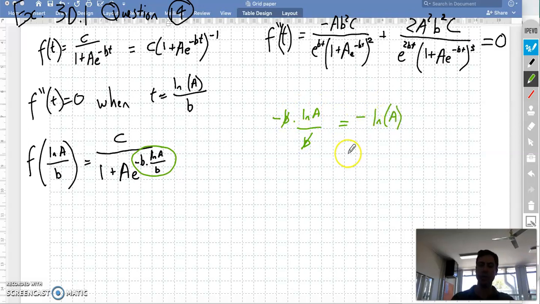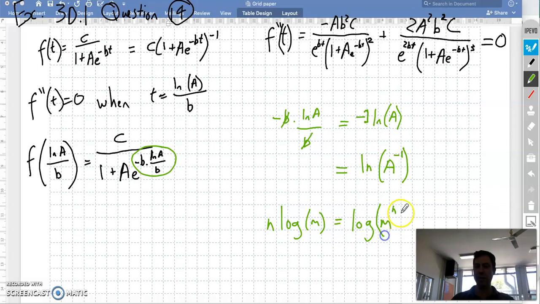And using one of my log laws, I know that minus 1, or minus whatever number's out in front of the log, times the log is the same as log of A to the power of minus 1. Right? This is the log law that says these m's and n's. Right? Now don't worry too much about this at the moment, because we're going to do a topic on logs and brush up on these log laws.